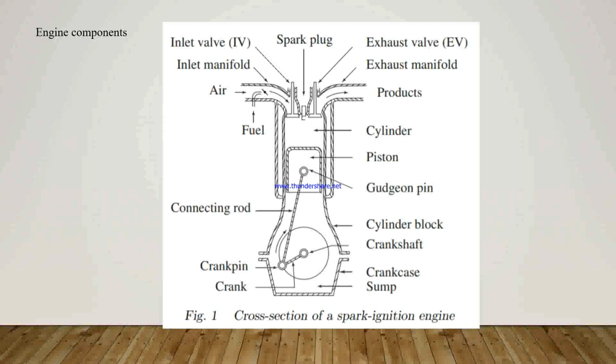The small end is connected to the piston and the big end is connected to the crankshaft by the crank pin. Here there is a crank pin. Next is the crankshaft. This is a crankshaft, and its associated parts control the opening and closing of the two valves.